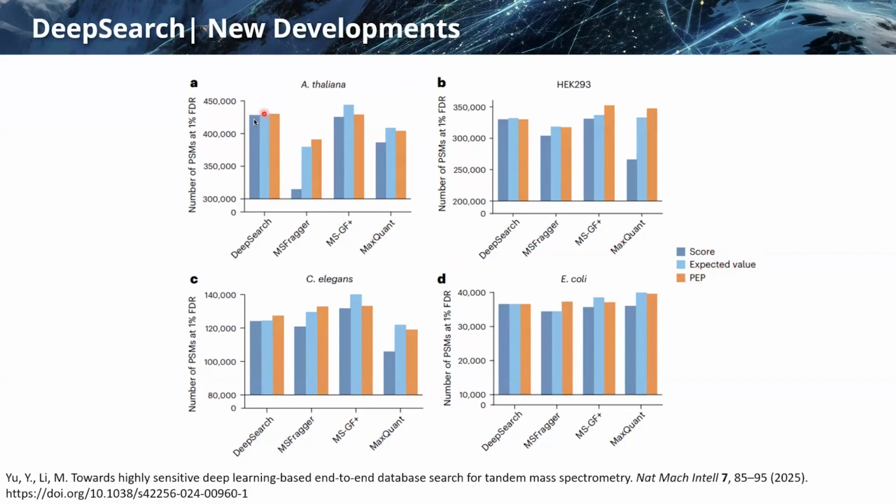You can see the consistency of the deep search engine across these scores, a really nice number of PSMs compared to some other search engines, and also across different samples. We are talking about deep learning or AI fully incorporated here. So I'm sure they're going to keep working on this approach, and hopefully it will be implemented in the near future in our Peaks software.